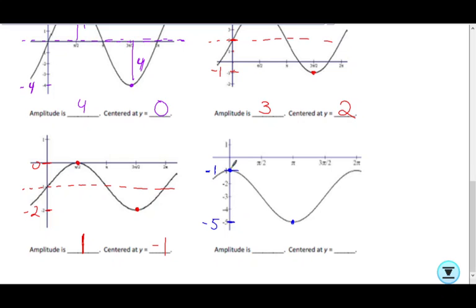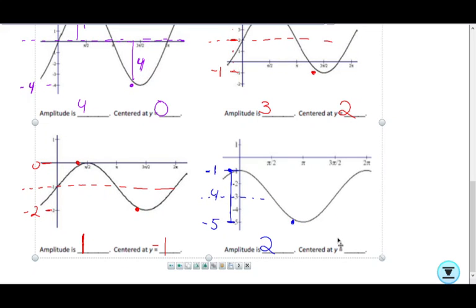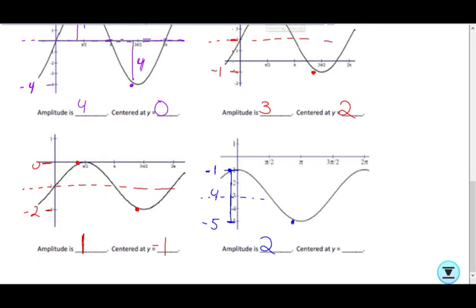So the total distance is 4, which means my amplitude is 2. Which means my center line has to be at negative 3. Right in the middle. And that's our amplitude. So the hardest part about this is just knowing how to calculate your amplitude and your center line. Basically division and addition. That's it.